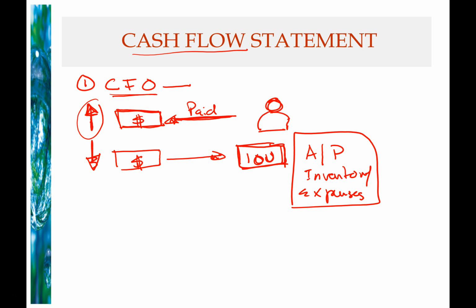All right. So your cash from operation, what makes the cash go up? If you get paid from a customer. What might make your cash go down? If you've paid your accounts payable, purchased inventory, or paid expenses that are in line with your normal course of business.